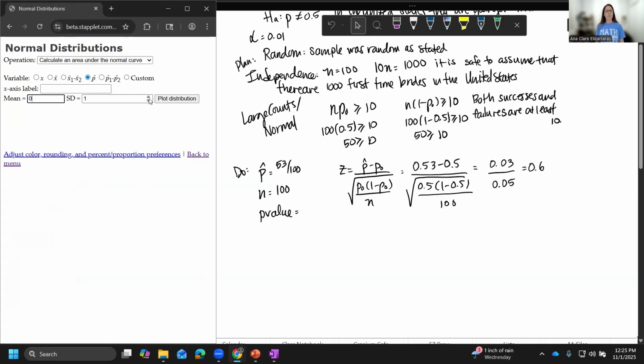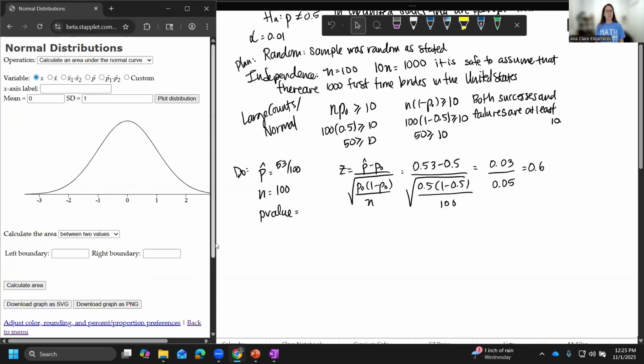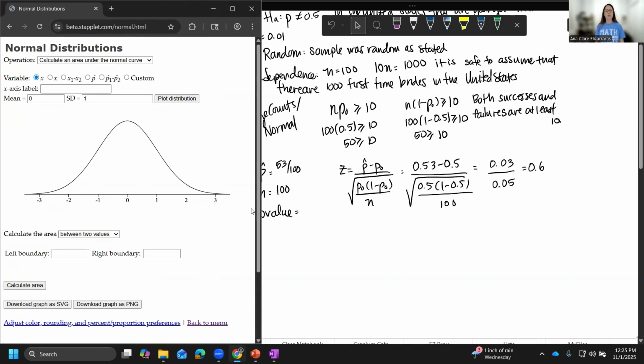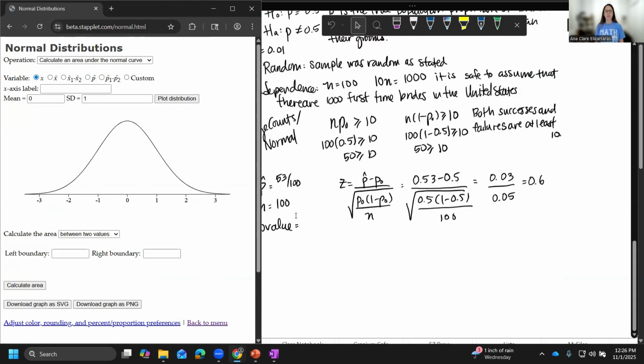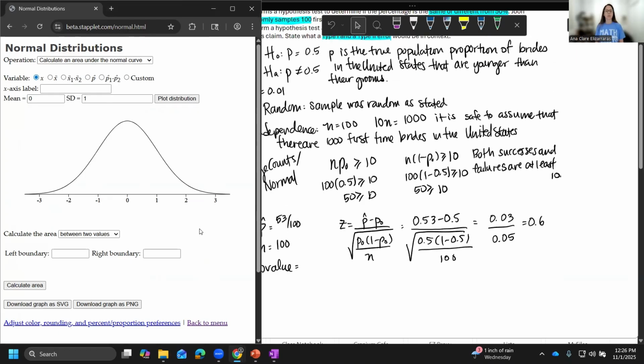I'm going to plot that distribution, okay? And we're talking about a z-score of 0.6, but I need to know my direction. My direction is not equal to, but it's a positive. So let's say it's to the right of 0.6. That area is 0.2743. I'm going to write that down.